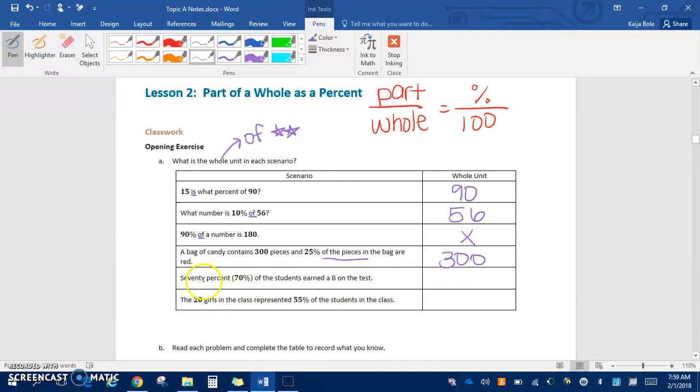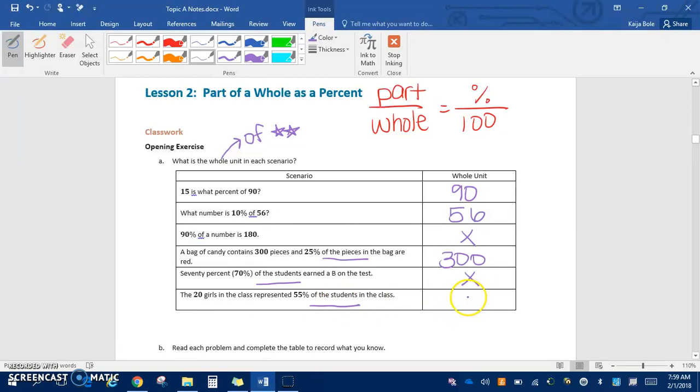The next one, we have 70% of the students earned a B on the test. So it says of the students, so again, we don't know that number, so I'm just going to give it a letter like x. And then the last one, the 20 girls in the class represented 55% of the students in the class. So again, it says of the students, so we don't know that number, so we're going to label that again as x.